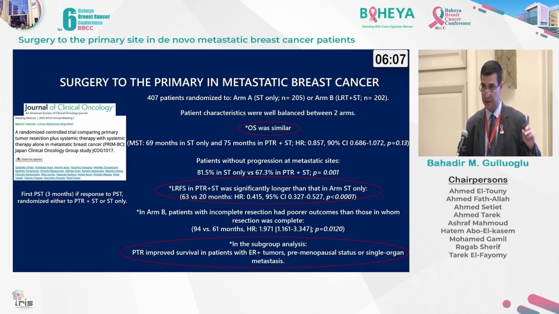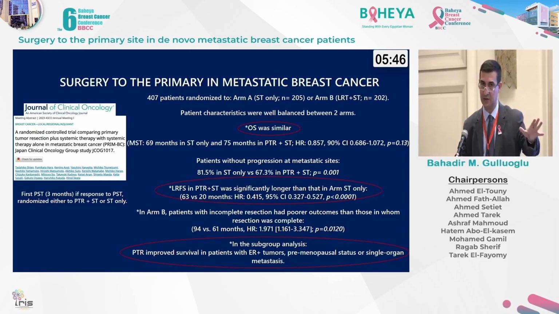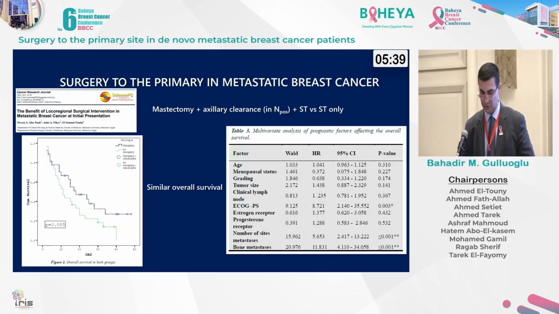But the important thing here, at the bottom line, as you can see in the subgroup analysis, is that local regional surgery improved survival in patients with hormone-positive tumors, premenopausal status, and single organ metastasis, not only confined to bone, but one metastatic site is regarded as oligometastasis.